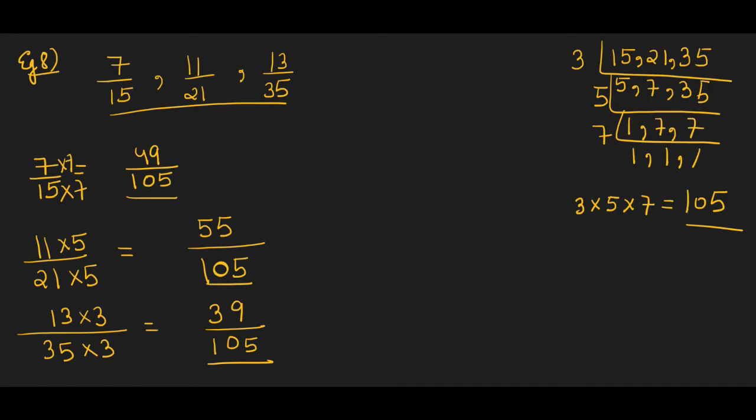So the smallest numerator is 39 upon 105, then 49 upon 105, and then 55 upon 105. So children, if there are more than two fractions and you want to know which fraction is greatest, simply find the LCM, convert them into like fractions, and then decide on the basis of the numerator which one is greater.